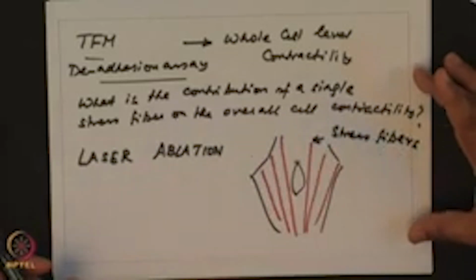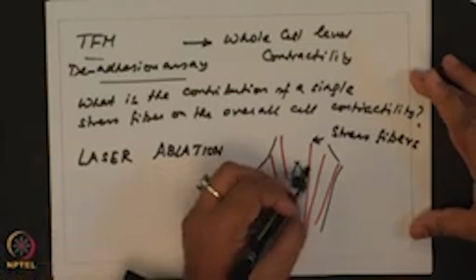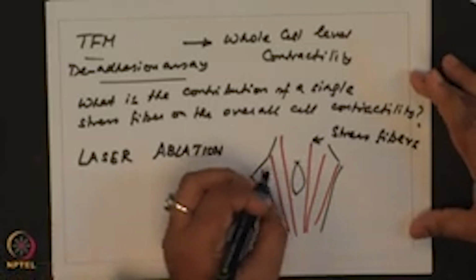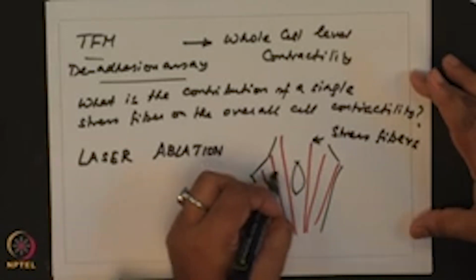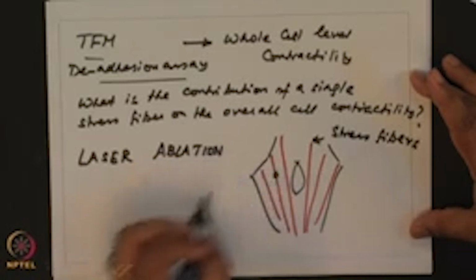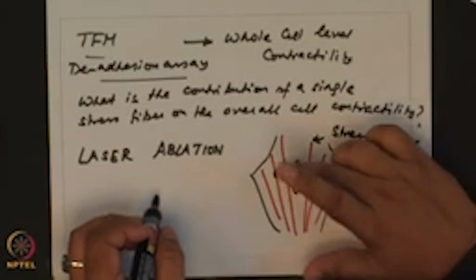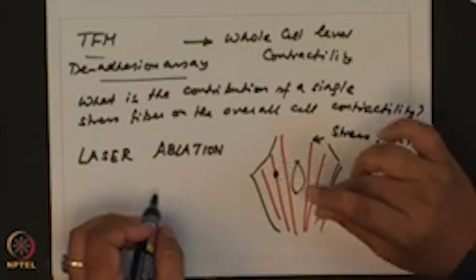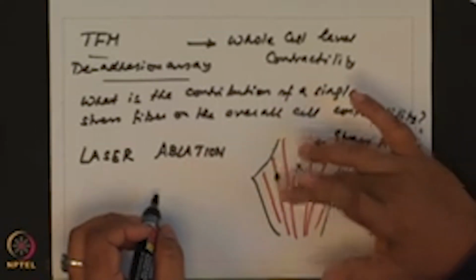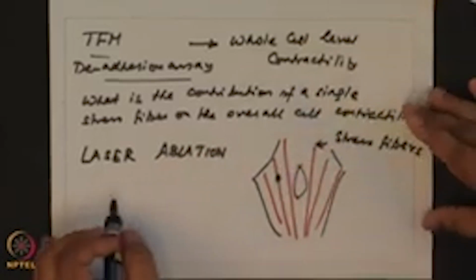What laser ablation does is focus laser light at a single point on a stress fiber. When you focus laser light on a single point, the energy is so high that locally the material just evaporates.